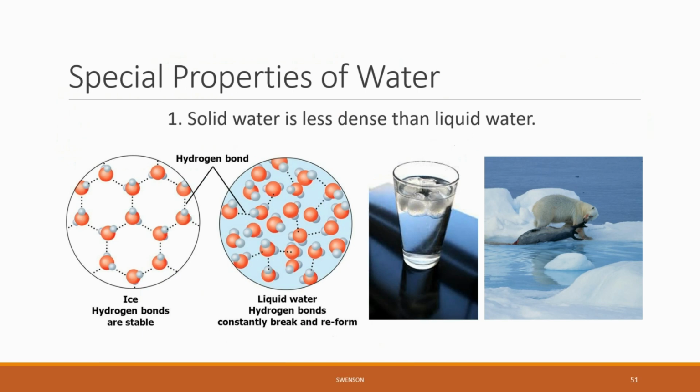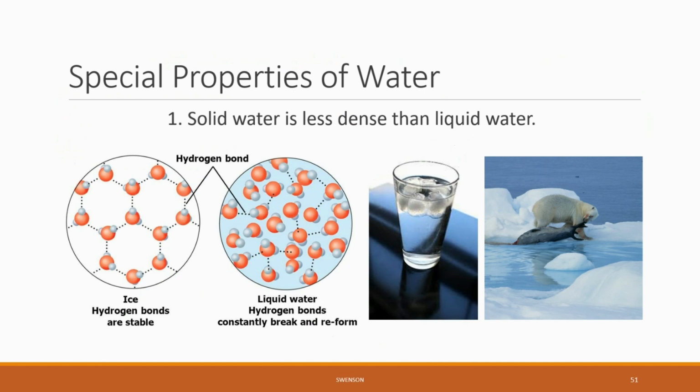So much so that when you create solid water, or ice, which forms a crystal lattice, here we can see the ice hydrogen bonds that are very stable and have a very symmetric shape to them, the ice becomes less dense than the liquid water. And consequently, that is why ice floats.